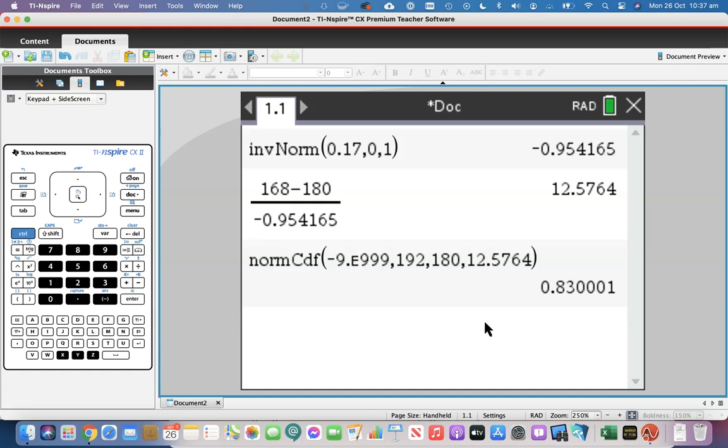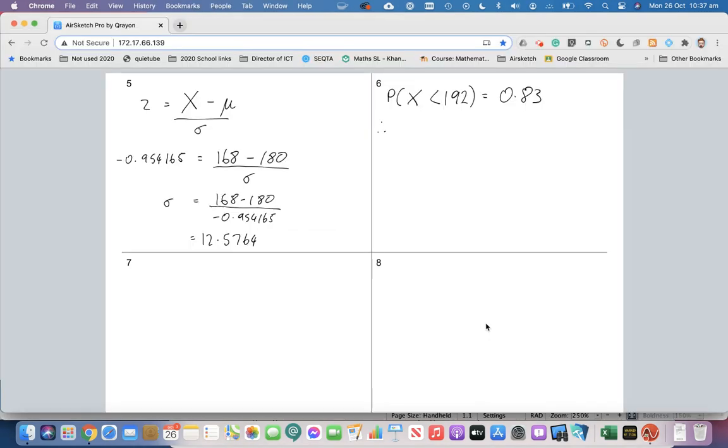So therefore, the probability of x less than 192 minus h must be 0.83. That's just a quick drawing on the side here.